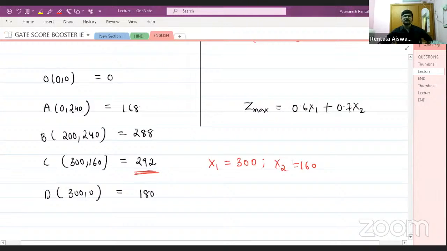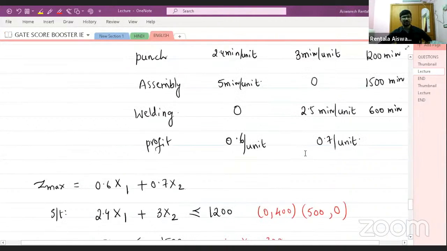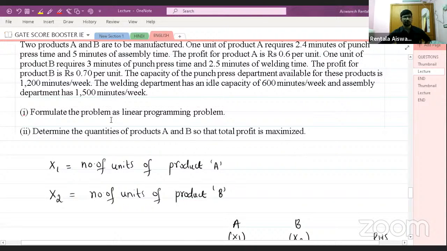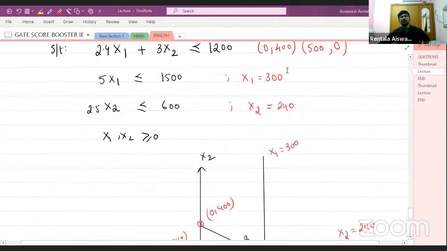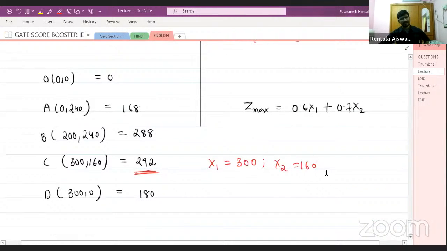Okay. So this was the question. You can check what they were asking: formulate the problem as a linear programming problem. Done. And determine the quantities of product A and B so that the profit is maximum. So the quantities of A and B will be x1 300, x2 160.